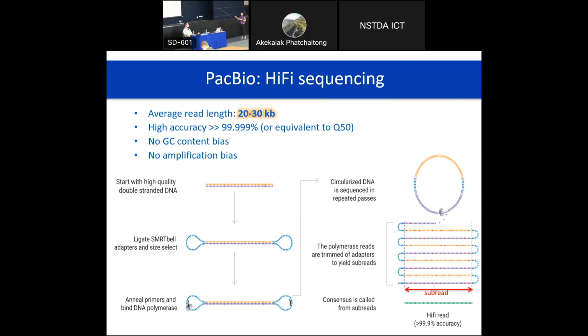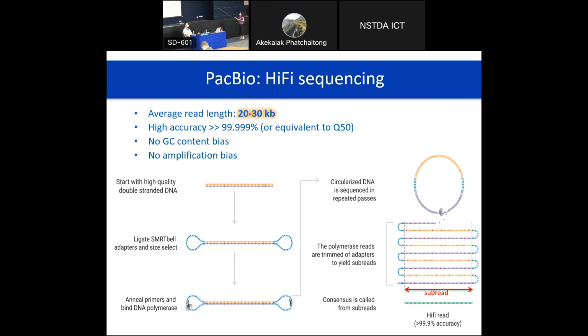If you look at the accuracy of the raw read, it's quite poor, like 88%, which is really bad compared to Illumina, which is 99.9%. But once you turn these into a consensus sequence, the fidelity is super high, now like Q50, 99.99%. That's better than the short read sequencer, or at least equally good.